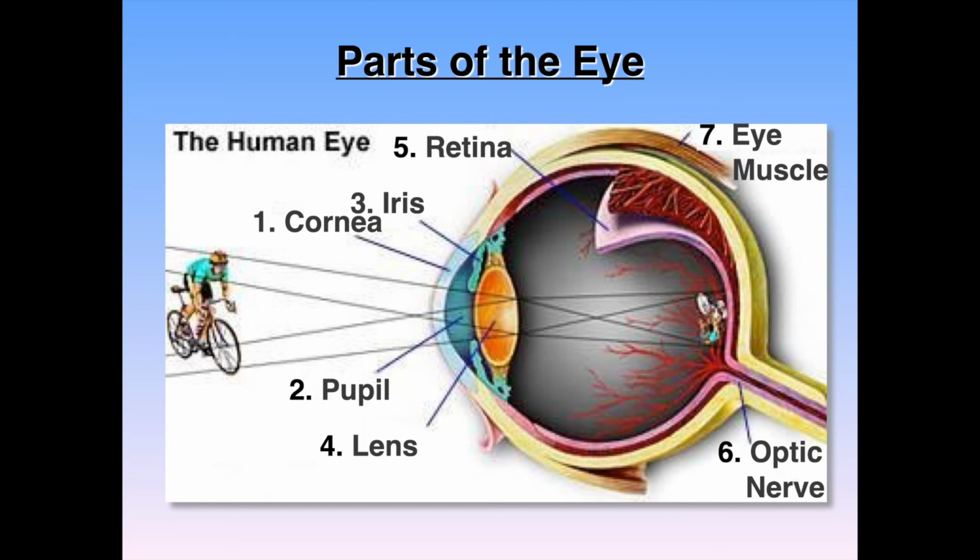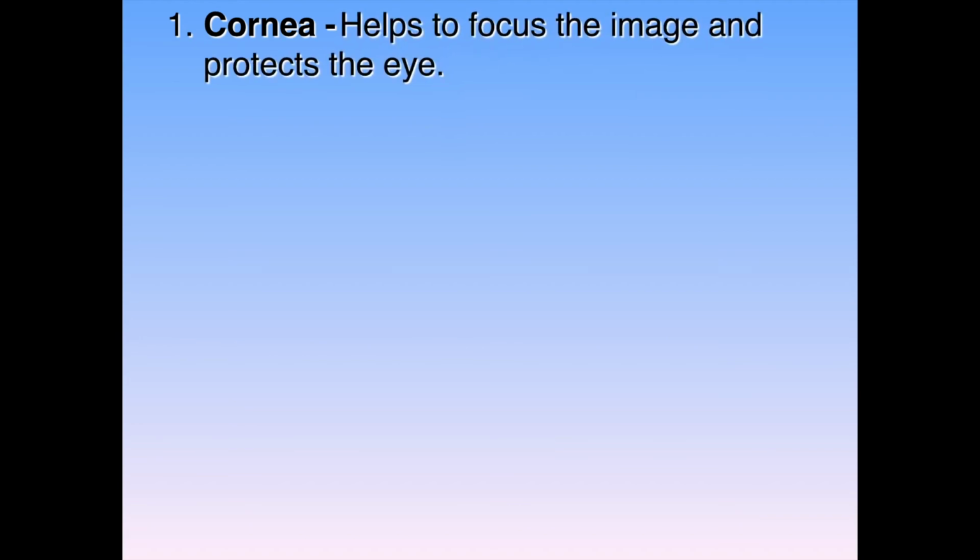We're now going to go through the definitions that you'll need to know in order to answer some questions. So the first part, the cornea, what does it do? Well, it helps to focus the image and protect the eye. The second part is the pupil, and it's that black circle that you see in the center of your eye.